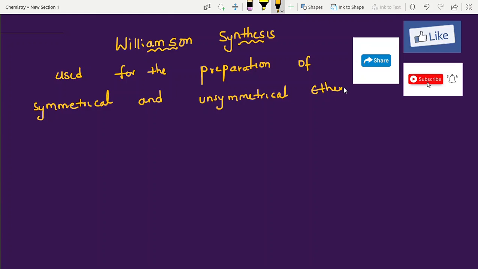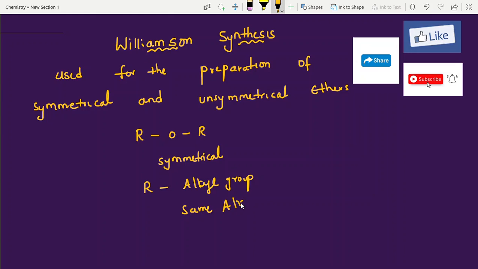I will show you what are symmetrical ethers. See, ROR. This is symmetrical. Here R is nothing but an alkyl group, the same alkyl group.